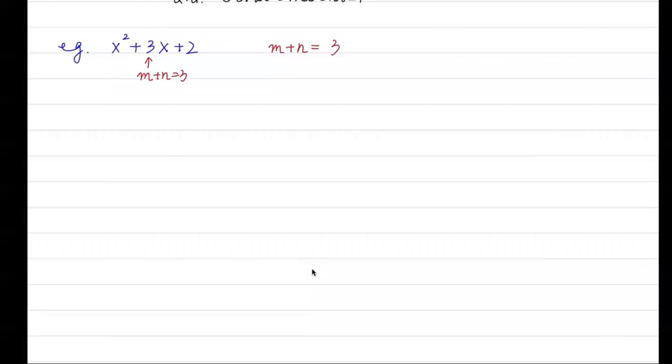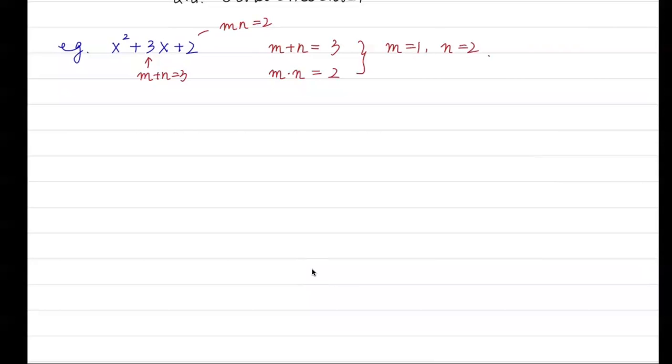And m times n is equal to the constant, so mn is equal to 2. We're looking for two integers that satisfy both conditions, m plus n equal to 3 and m times n equal to 2. And the answer is m equal to 1, n equal to 2.